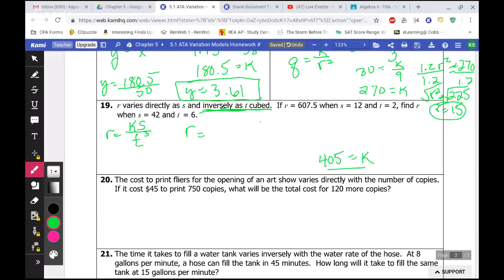So we're going to plug in this 405 for K, and then multiply that by 42 because that's what S is. And then we've got T cubed, which is 6 cubed.